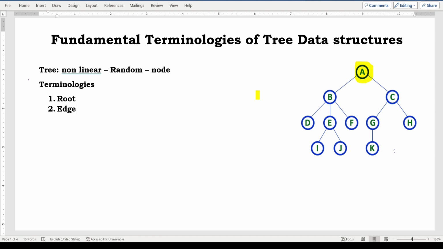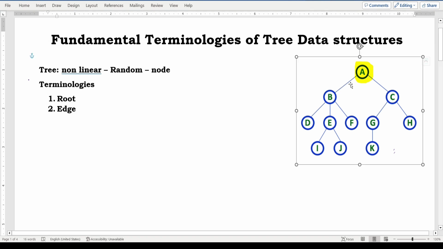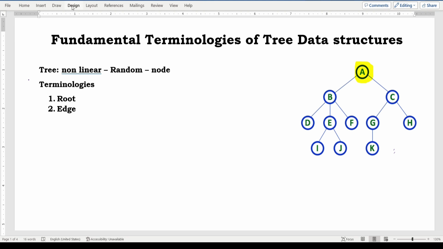Edge means, in a tree data structure, the connecting line between two nodes is called an edge. Already I told you, the connecting line. So this is the connecting line, this connecting line is the edge. And then the third terminology is parent.